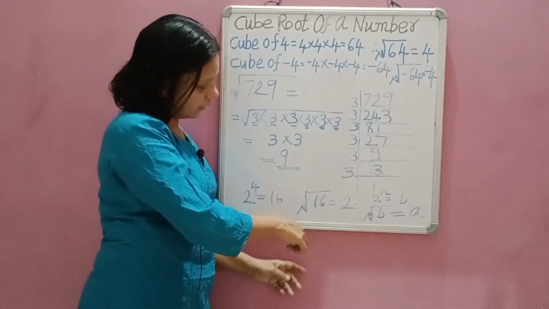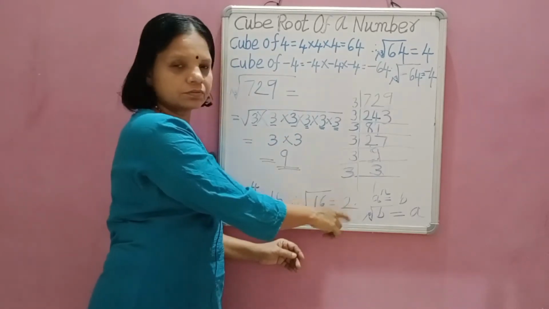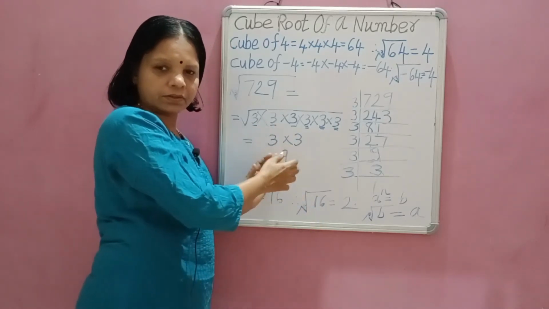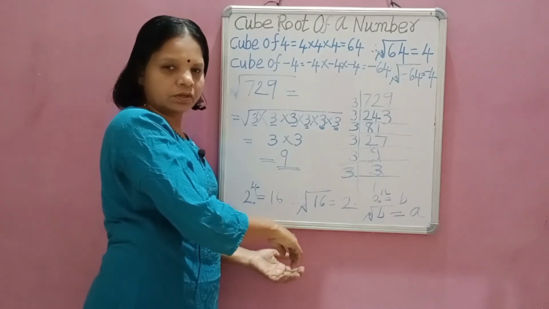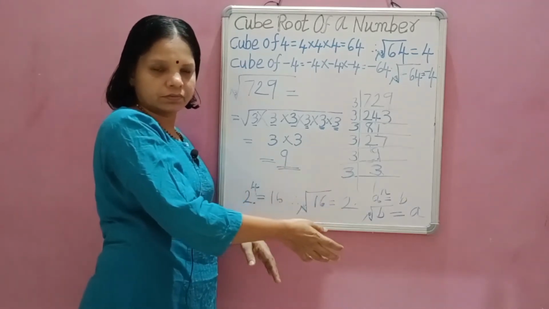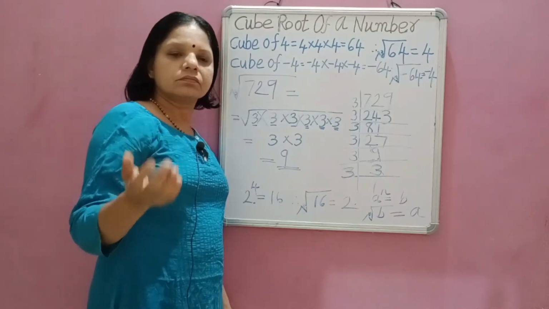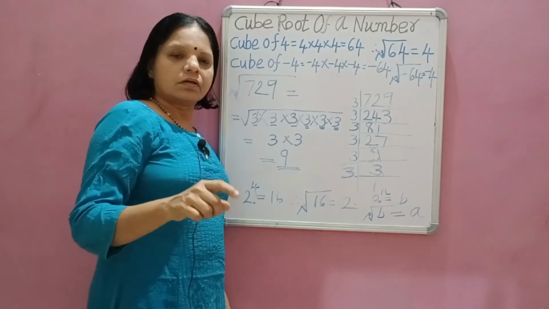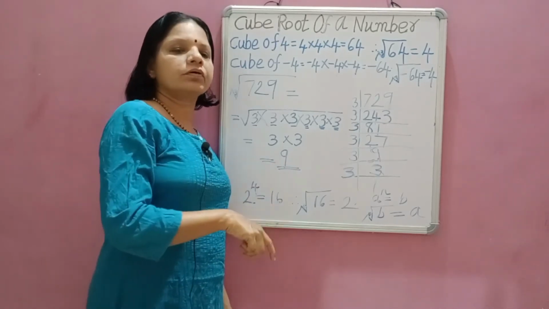So we can say that 4th root of 16 is 2. Whatever power, that much root, the roots are cancelled by the power. Like in addition and subtraction, 5 plus 3 equal to 8. 8 minus 3 equal to 5.